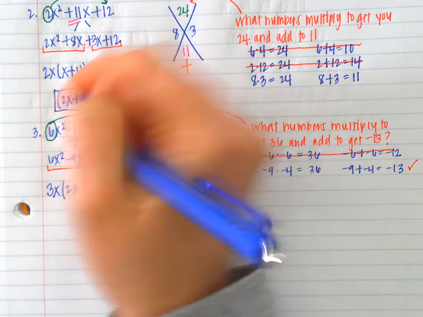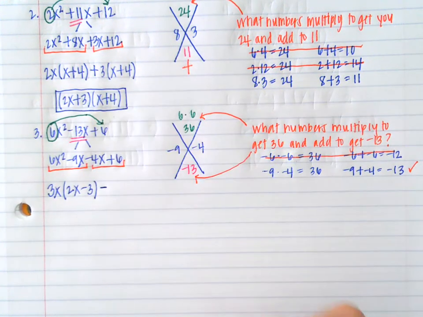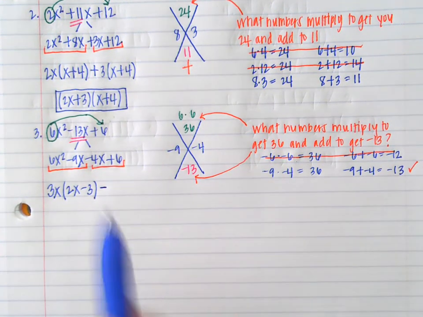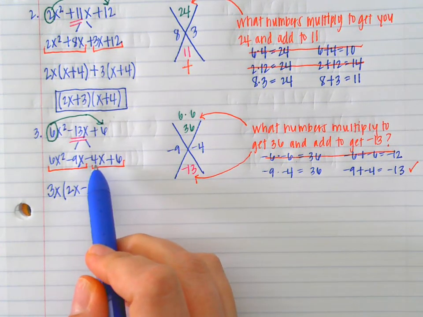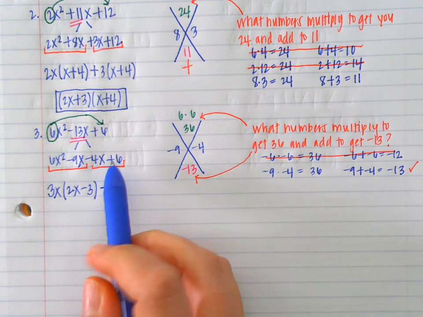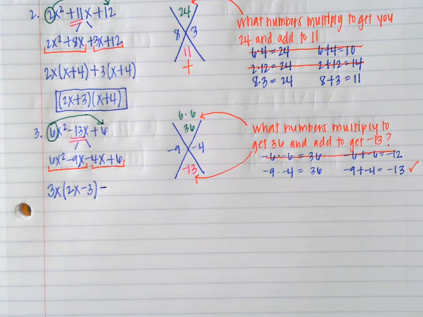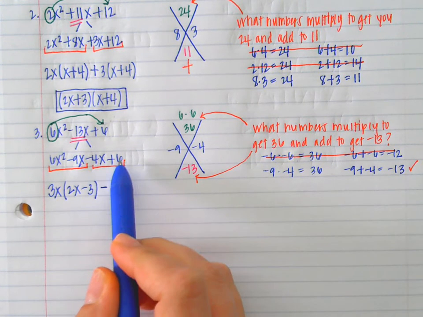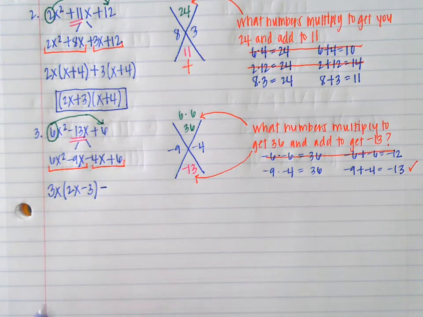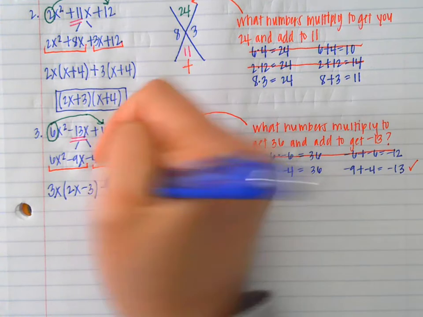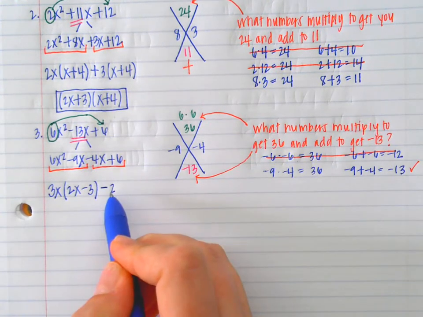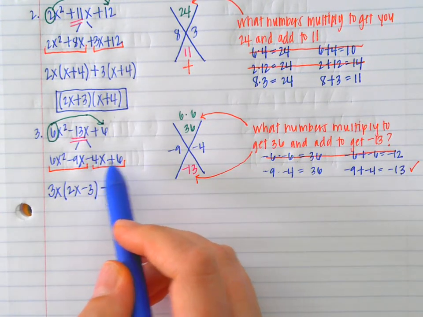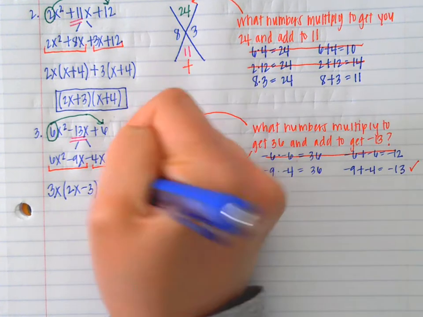Remember, you always bring down your middle sign, so negative comes down. And I think again, what number divides evenly into 4x and 6? Well, it's not 4. 4 doesn't go evenly into 6, so we have to think smaller. That number is 2. Now remember, we're dividing a negative 2 from both terms, so that's going to change my sign.